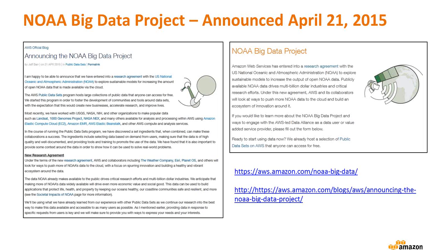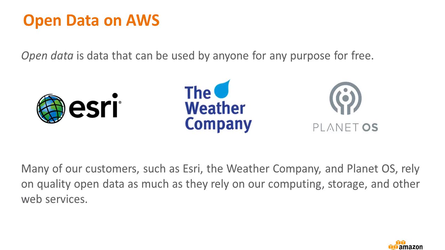So before I go into some more detail on the AWS Data Alliance and the NOAA Big Data Project specifically, once again, I'd like to just give you some context on open data on AWS writ large and how we think about it. So open data, we use a very broad definition of open data.